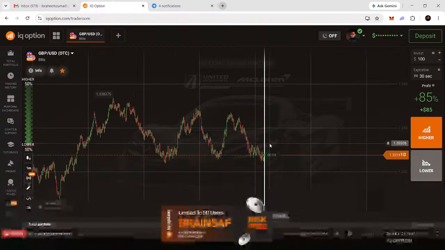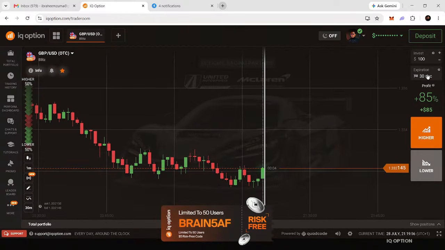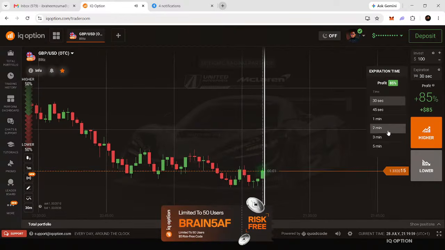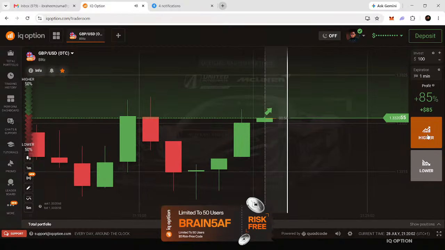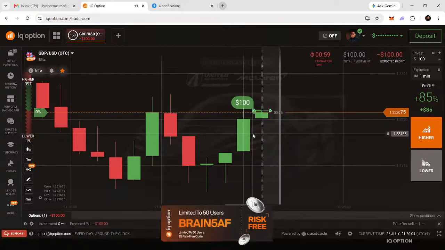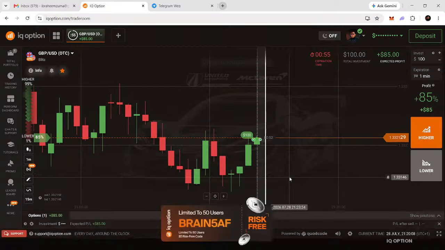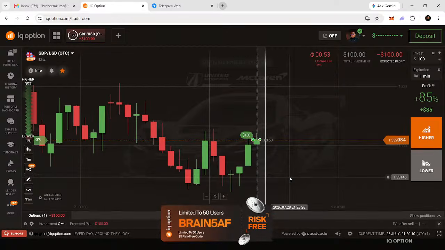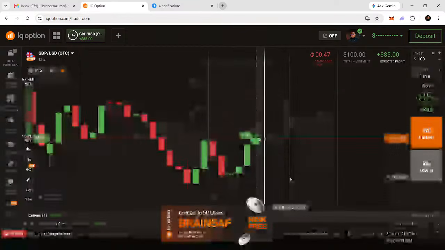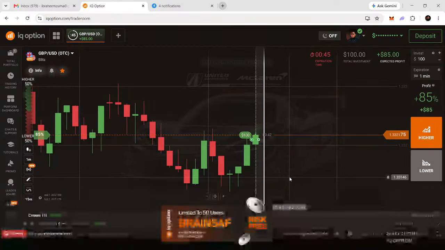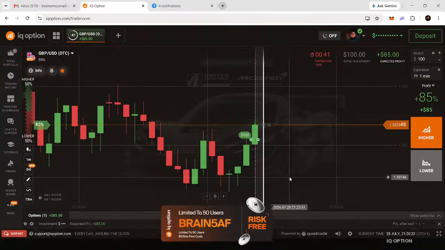So I'm gonna open this. We're gonna try and open a trade around this section just so that we can see what will happen. So we have now opened a 1 minute position to test what will happen here. Awesome job.